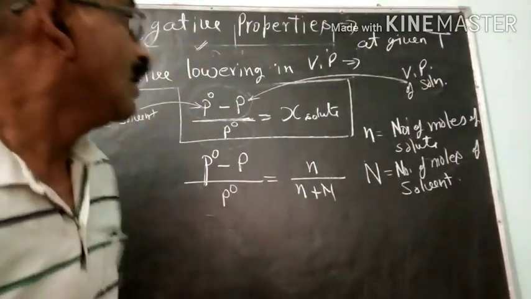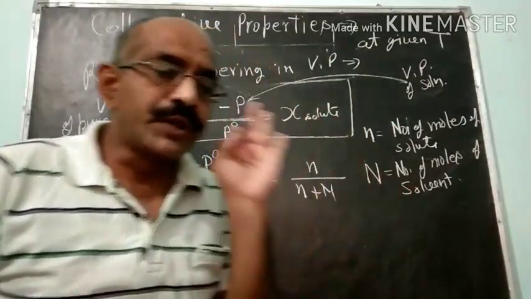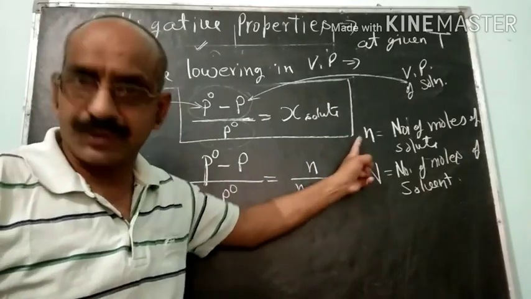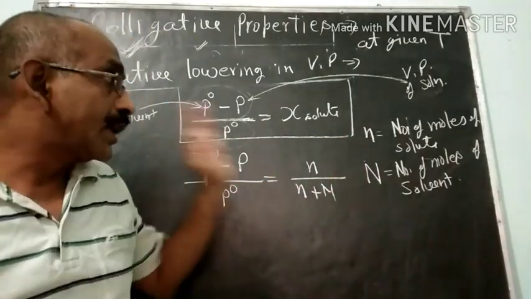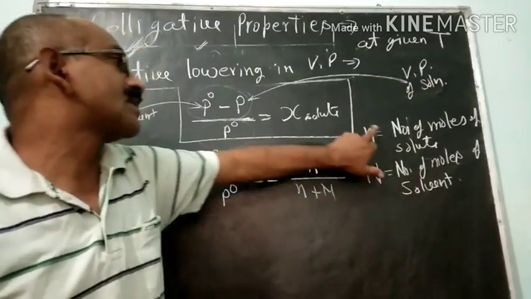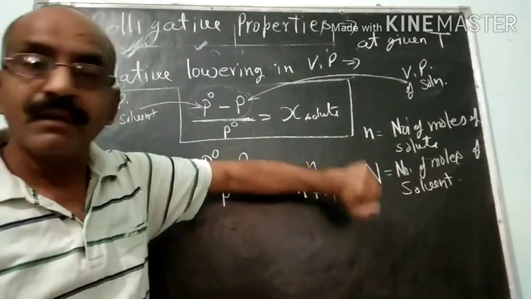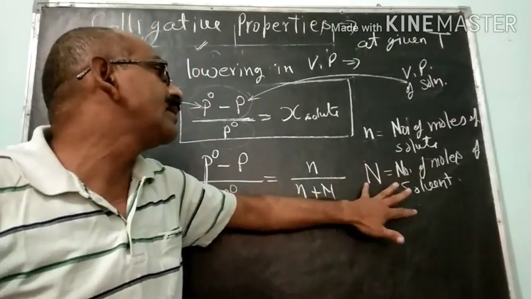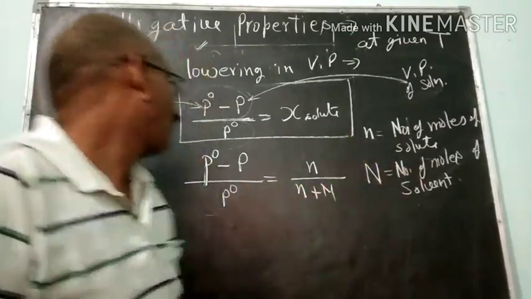Solute is the minor component, so we use the small alphabet; solvent is the major component, so we use the capital alphabet.